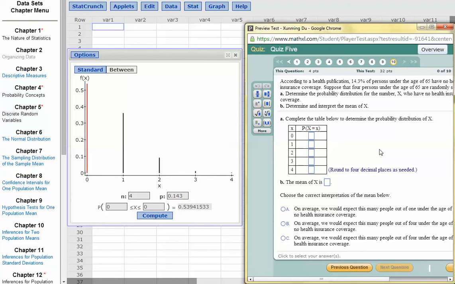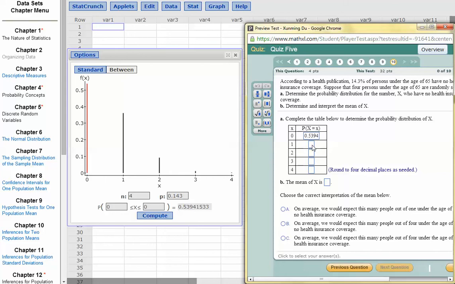So it is 0.539, and behind the 4 is a 1, so you drop it. If that digit were 5 or greater than 5, you round it up. Less than 5, you drop it. So 0.5394, you drop the 1. We need 4 decimal places.